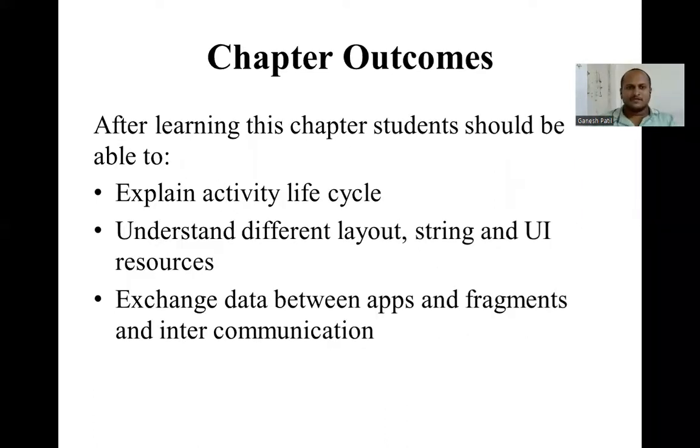Chapter outcomes: after learning this chapter, students should be able to explain the activity life cycle, understand different layout, string and UI resources, exchange data between applications and fragments, and intercommunication.